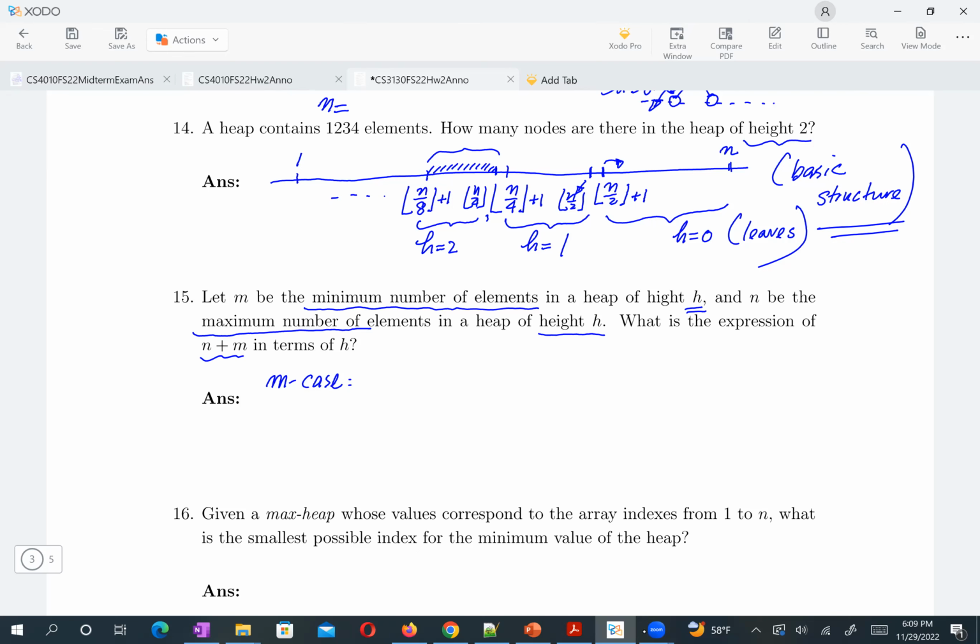Let me draw the M case, a binary tree, with a few nodes. You can see I draw levels, but when I reach the last level, I only draw one node. If I draw more than one, that's not a minimum, right?